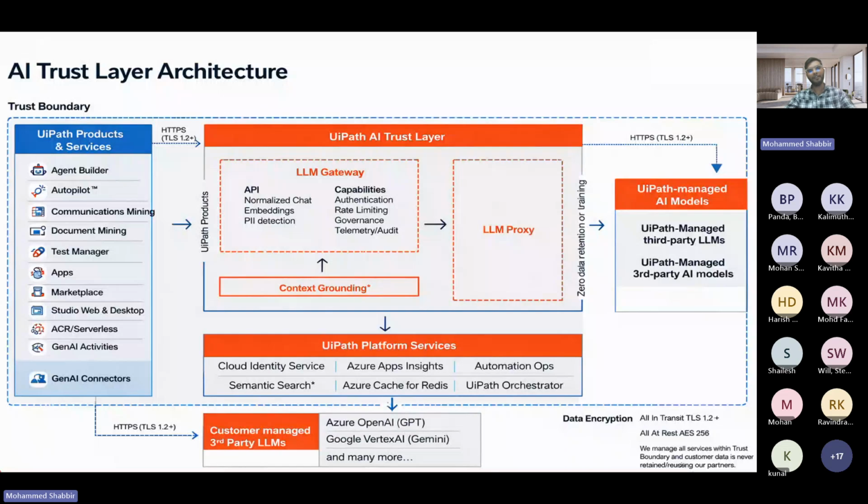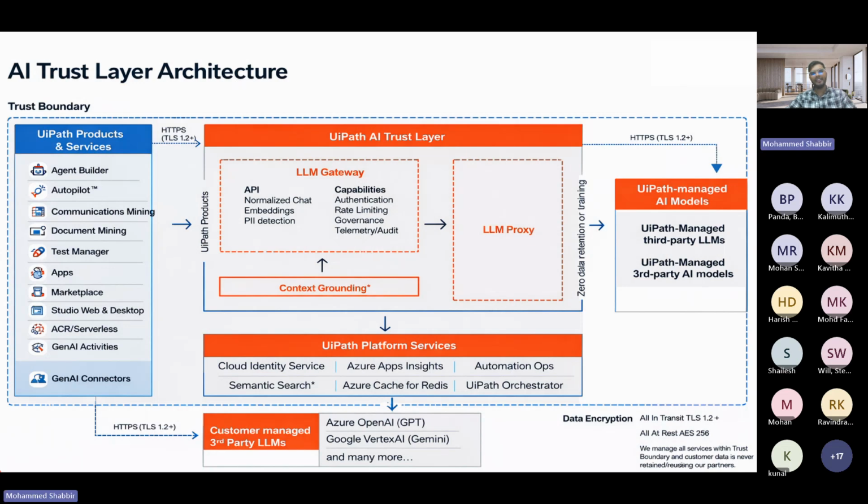Before we speak on all these products, these are the entry points before we actually step into the AI trust layer. You can think of these as the inputs before we move to the AI trust layer. Whenever we use the agent builder, autopilot, or any of these, they all require AI capabilities.